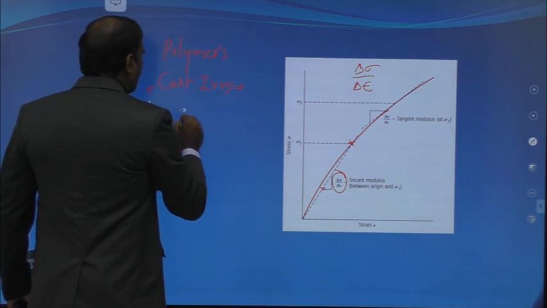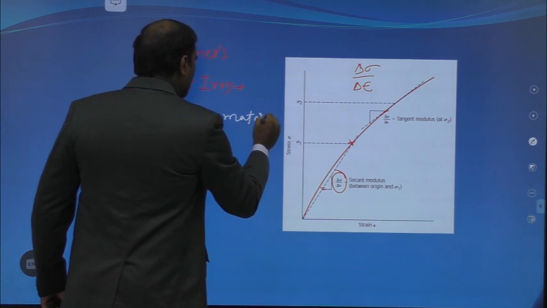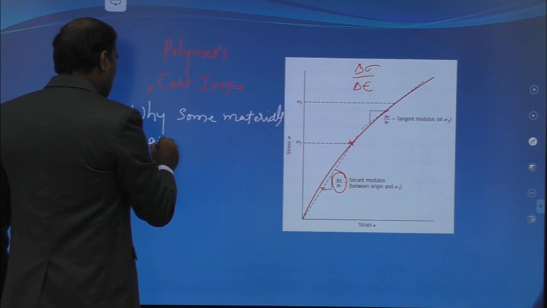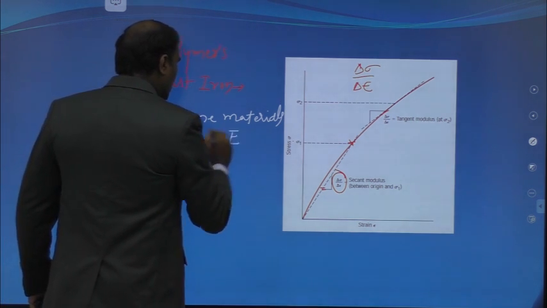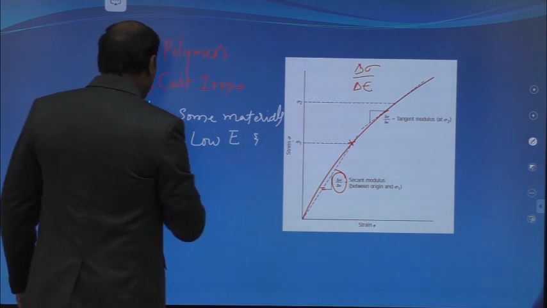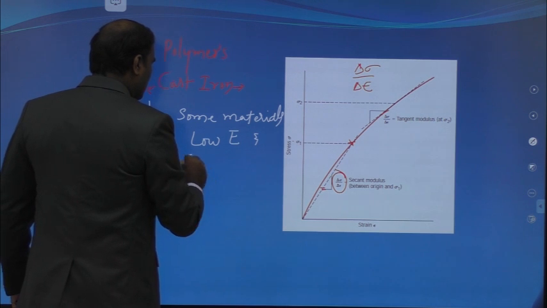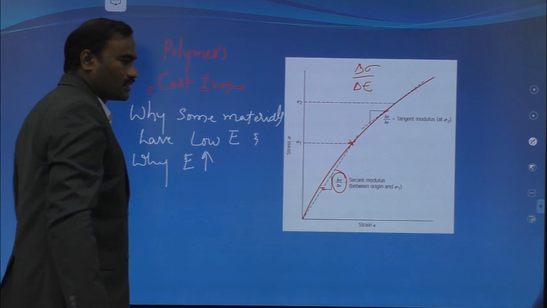Why do some materials have very low Young's modulus, and why do some materials have very high Young's modulus?